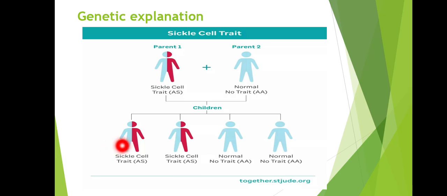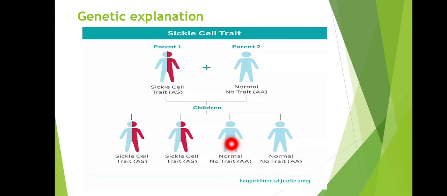If this person gets married to another person who has a sickle cell trait, then the chances of them having a child with sickle cell anemia are 50%. You understand? Then the second child is also going to have a sickle cell trait, which is genotype AS.